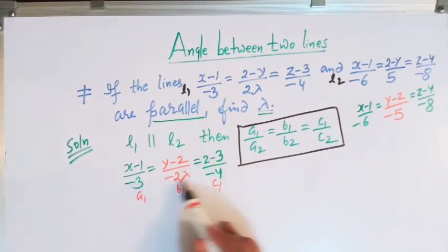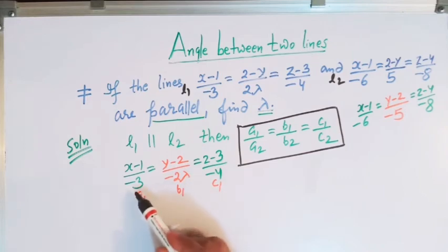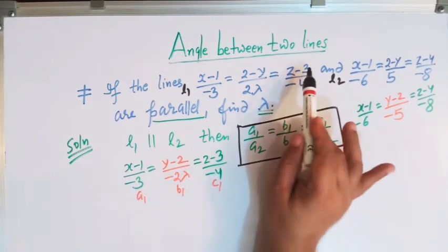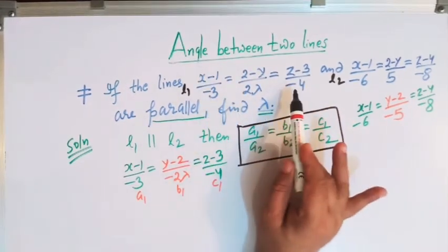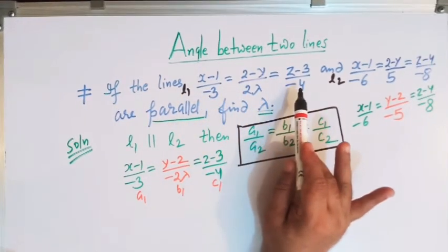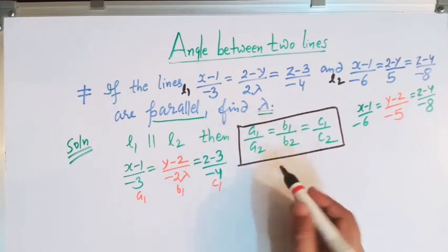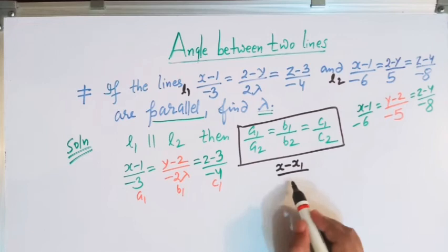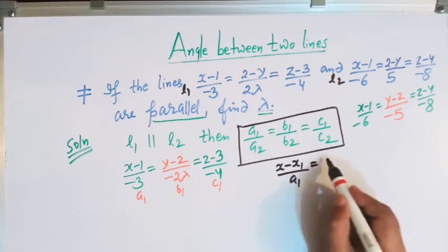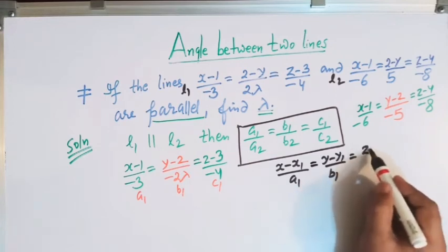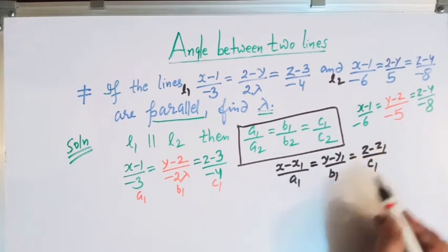Now the DRs of this line are minus 3, minus 2 lambda and minus 4, because before writing the direction ratios we have to see whether the given line is in standard form or not. By standard form we mean that it should be in the form x minus x1 divided by a1, y minus y1 divided by b1, and z minus z1 divided by c1, right?